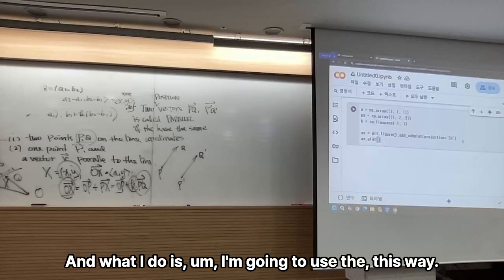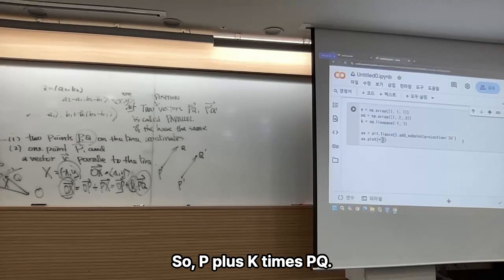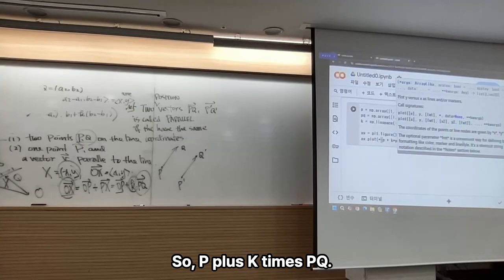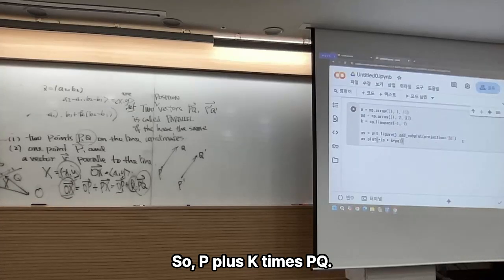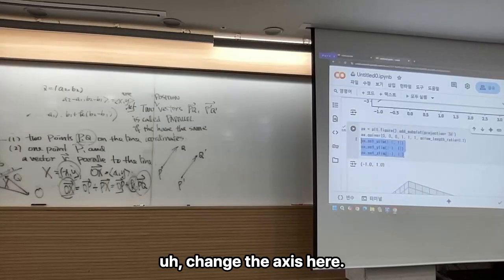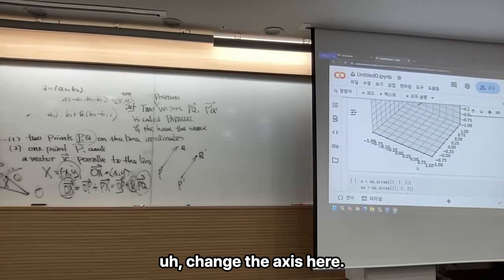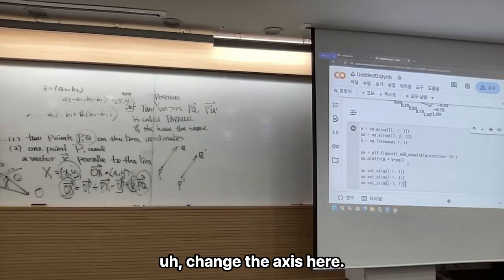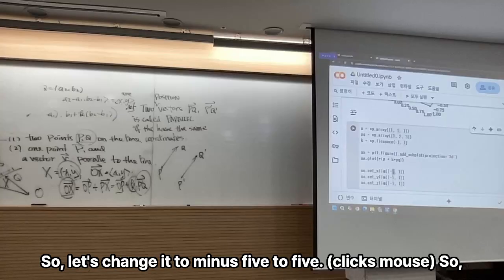And what I do is I'm going to use this way. So P plus K times PQ. And I'm going to change the axis here. So let's change it to -5 to 5.